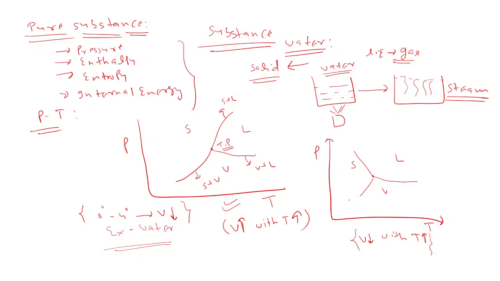So if anyone remembers, this is which curve? PT curve. In the last class, any questions you would have seen with PT, like dp by dt or dt by dp? Anyone who attended the last class remember?